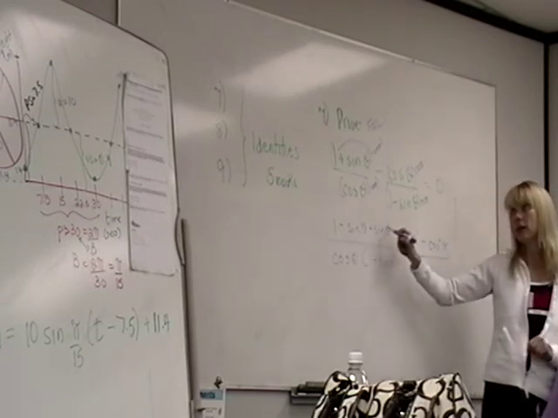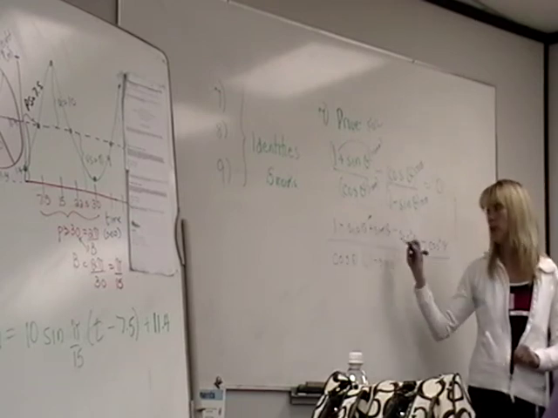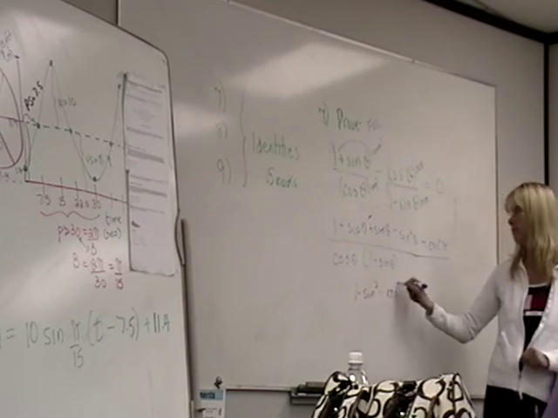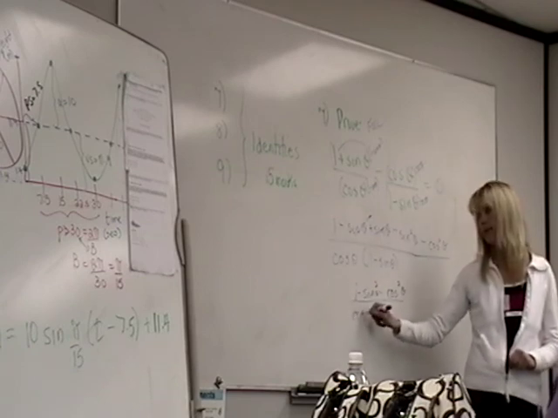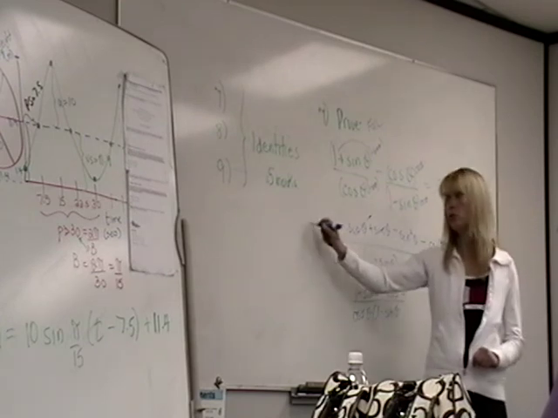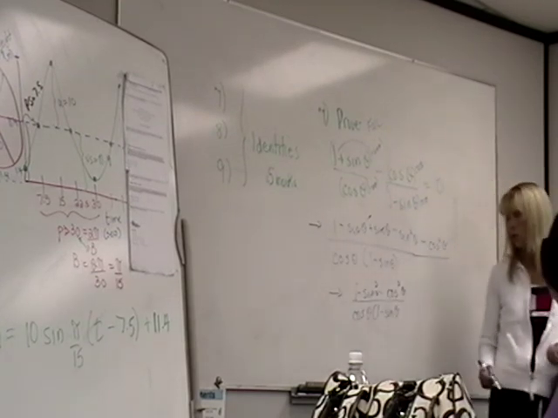Negative sine theta plus sine theta is 0, so that's gone. So you get 1 minus sine squared minus cos squared over that denominator. And remember, you're doing a proof, so don't do stuff in your head. You have to show stuff.